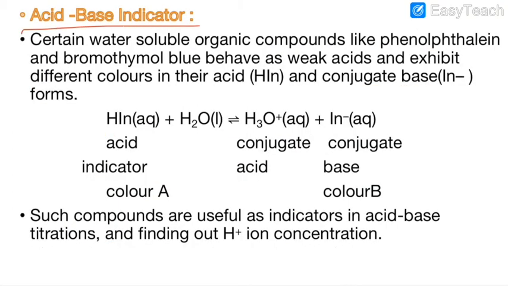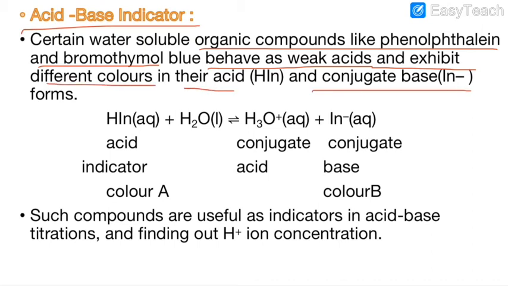Acid base indicator. Certain water soluble organic compounds like phenolphthalein and bromothymol blue behave as weak acids and exhibit different colors in their acid and conjugate base forms. Like HIn, the indicator, is indicated by In.